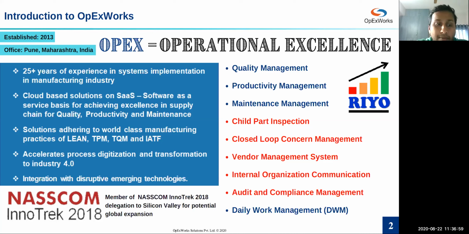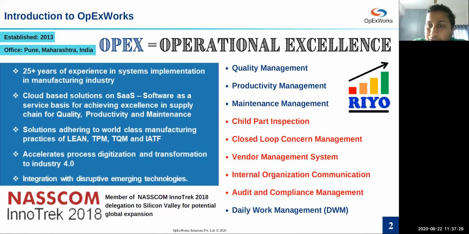We are a startup based in Pune who had been selected by NASSCOM, the IT body in India, for their NASSCOM InnoTrek 2018 as a startup having potential for global expansion. We have solutions related to quality management, productivity management, and maintenance management.